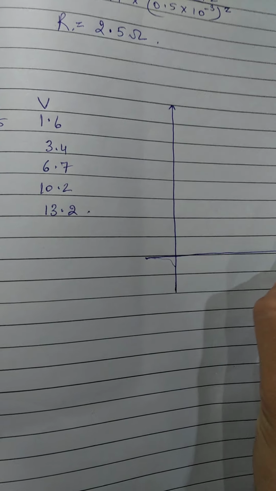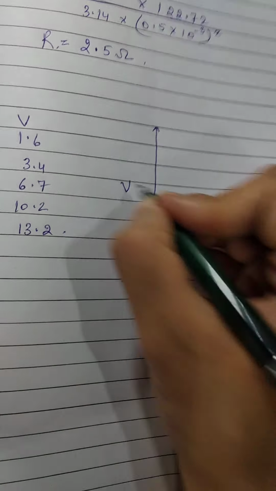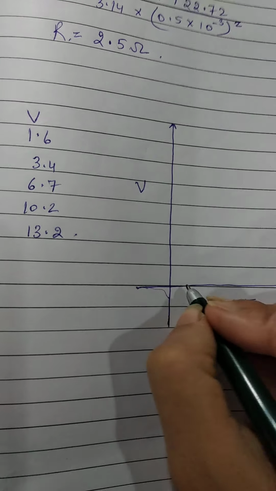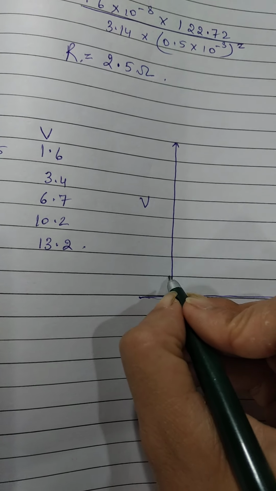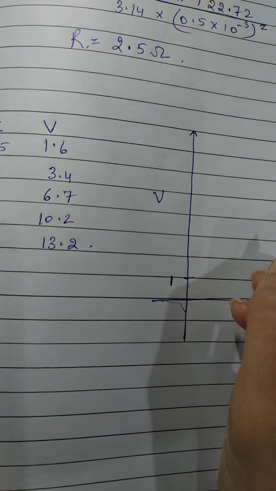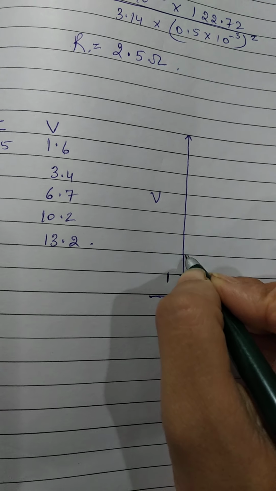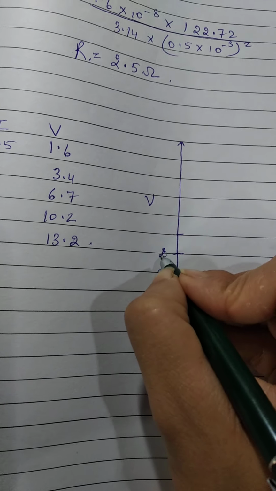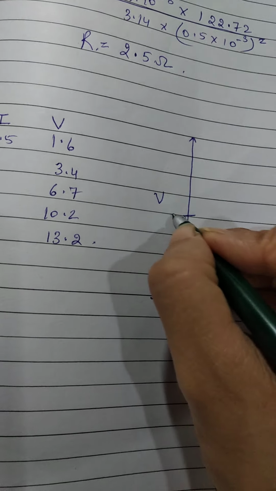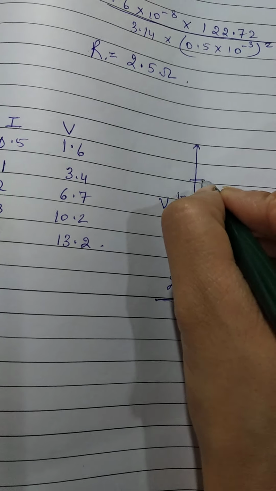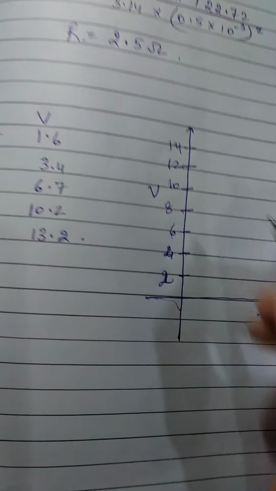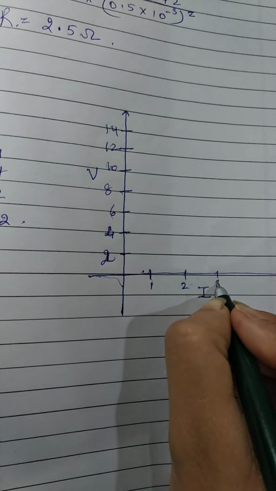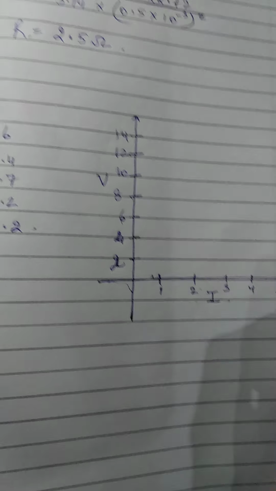Remember, a VI graph is basically a straight line. We'll be plotting V here and I here. Now V values, let us take this as 2, 4, 6, 8, 10, 12 and 14, and let us take this as 1, 2, 3, 4 and 5.